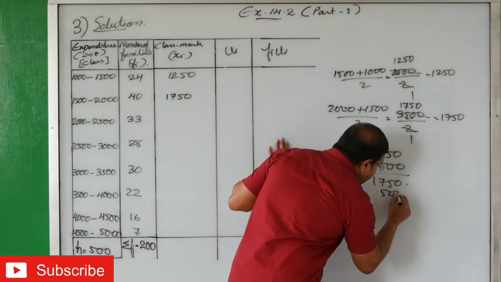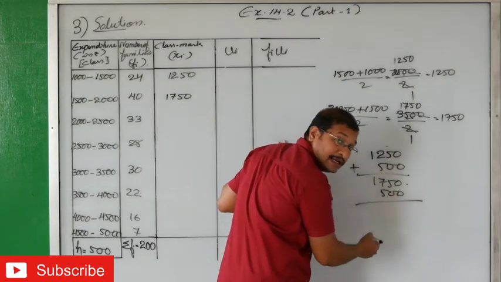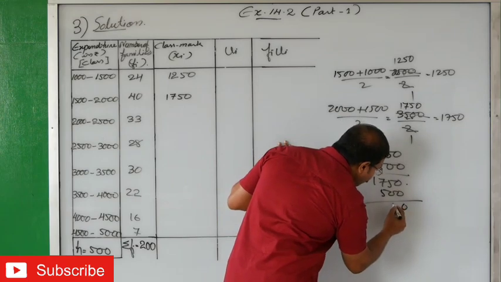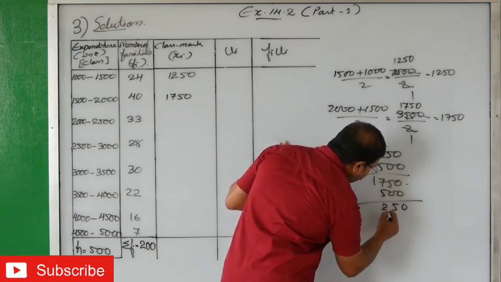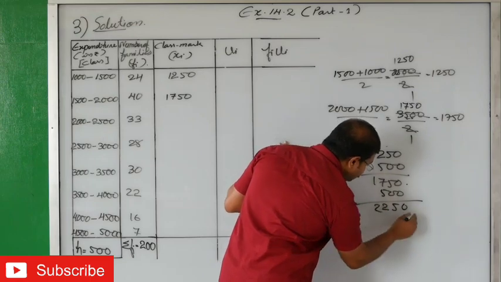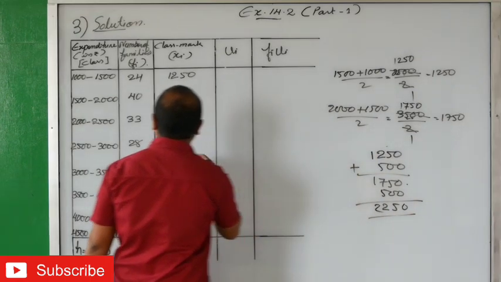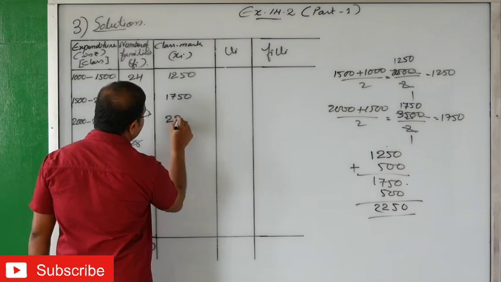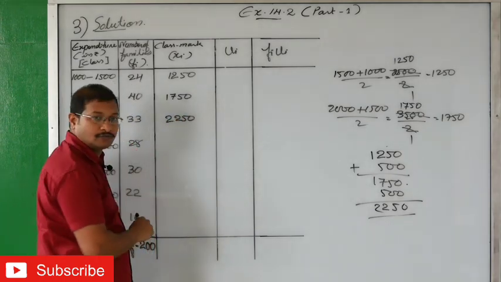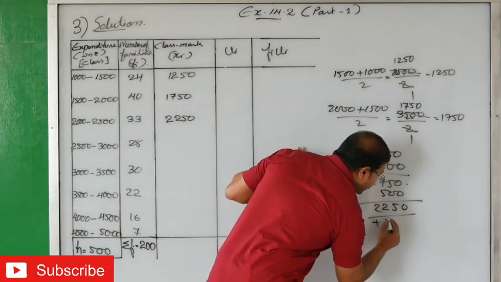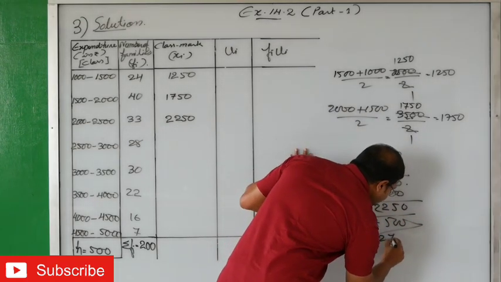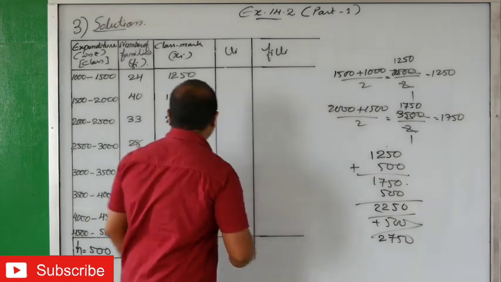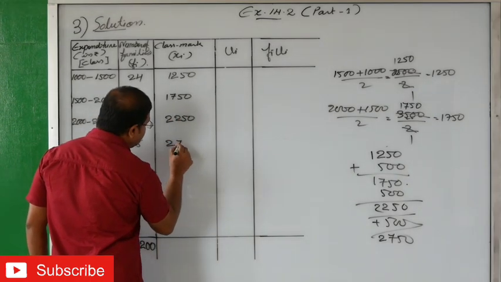Just add 500. 7 plus 5, 2, 1 in hand, that means 2. So we got 2250. Ready? Next what you'll do? Plus 500. Ready? That means what you'll get? 2750.